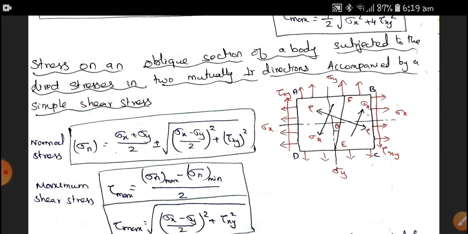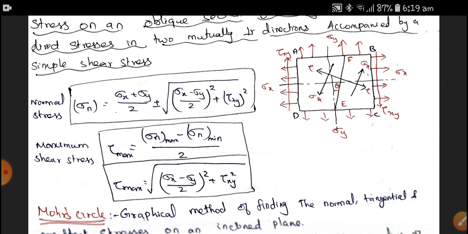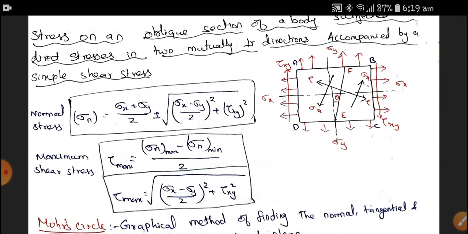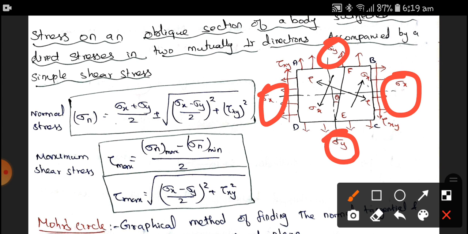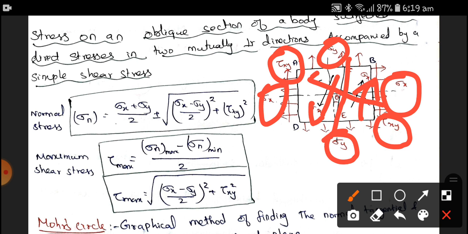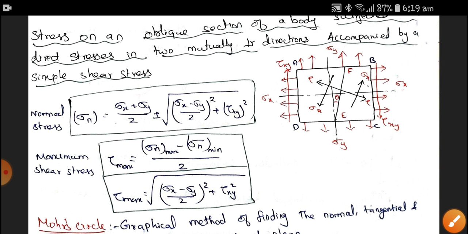So it is very important. That is, the body is subjected to stress in both directions x and y, also accompanied with shear stress. Here is the oblique section, these are the normal stresses, and this one is the shear stress.